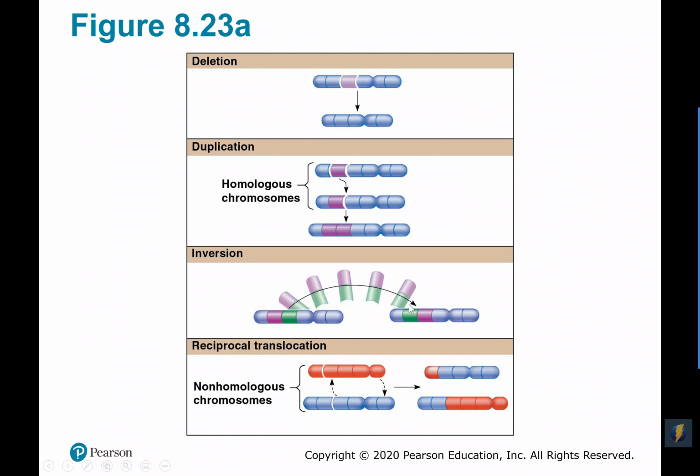Inversions, where things get swapped and split, can result in disorders where things are not functioning properly. Reciprocal translocation, here you have some non-homologous chromosomes swapping genes, which can result in genetic disorders.